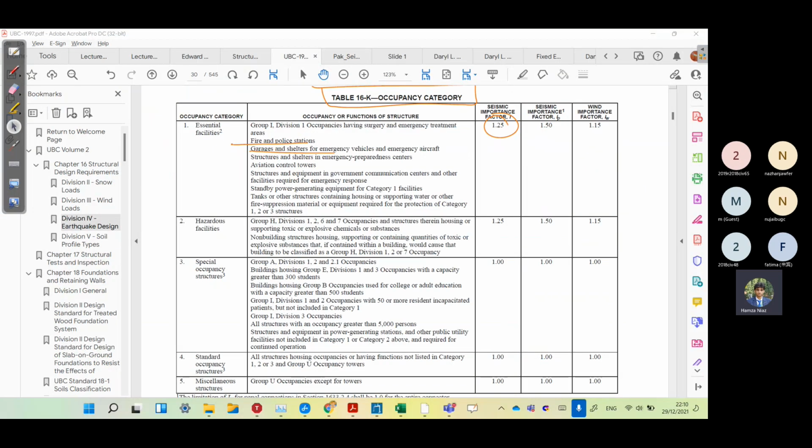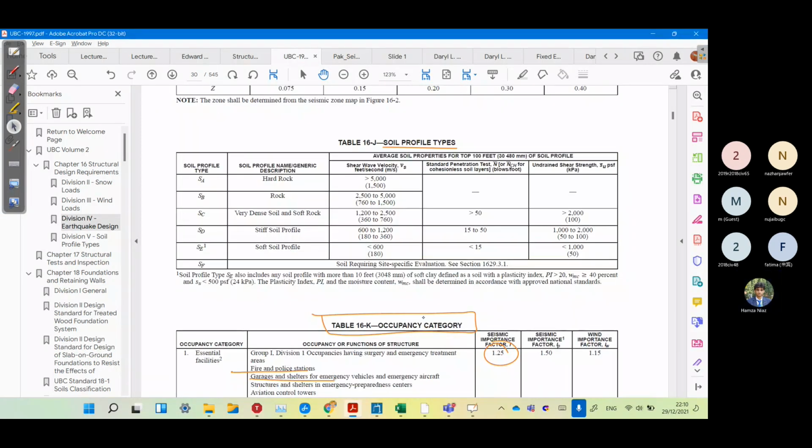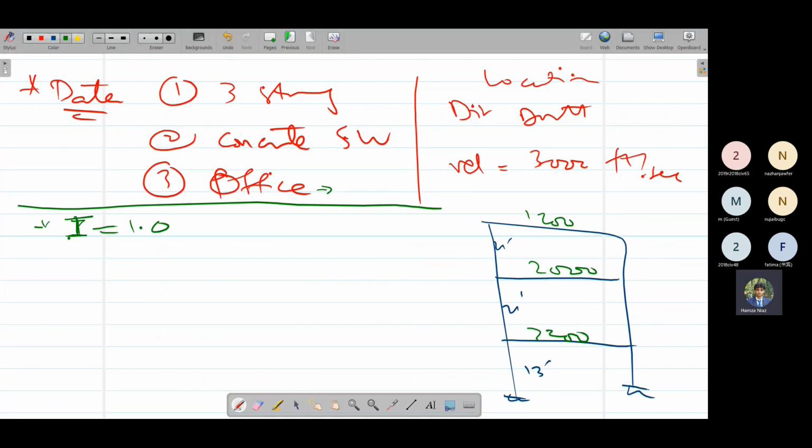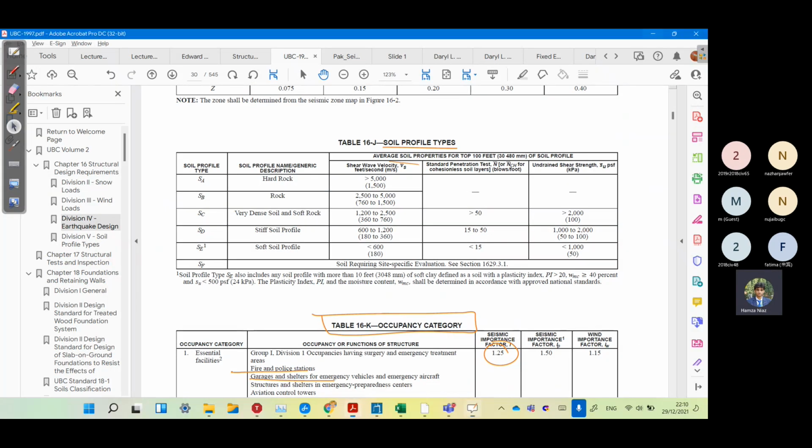Second, we have to check the soil profile. We are given the shear wave velocity as 3000, and there is a column of shear wave velocity here. 3000 falls between 2500 and 5000, so our soil profile would be SB.